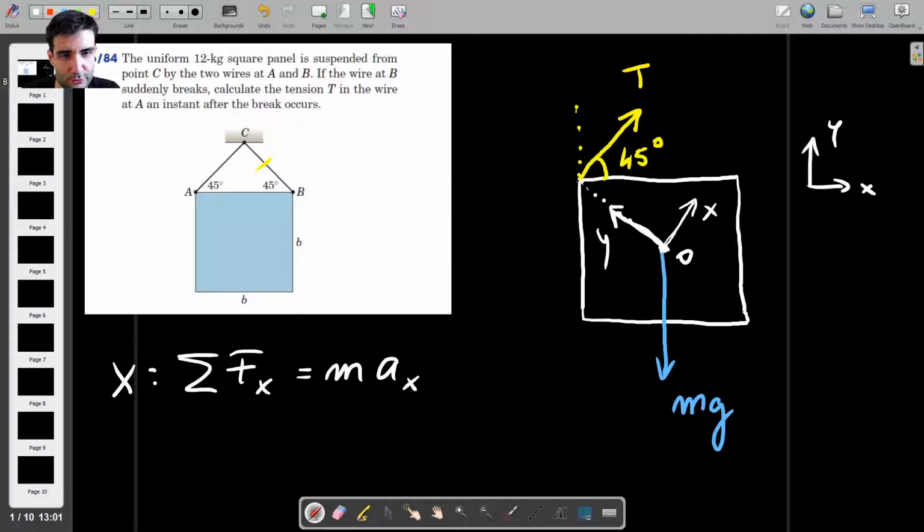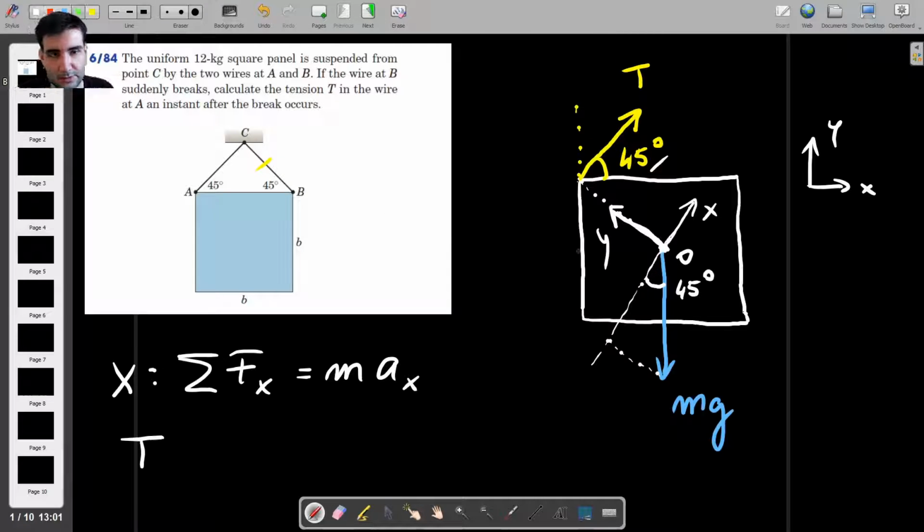Okay, so let's try to see what forces are acting in the x direction. So first of all, we have tension. So tension is purely in the x direction. And the other thing we have is some component of the weight, right? So the weight has a component in the x direction, and we know this angle to be 45 degrees because it's the same as this angle.